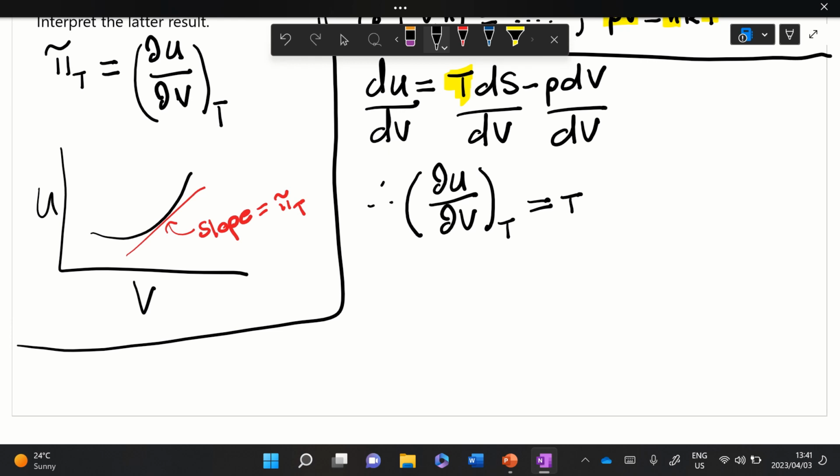Temperature is constant, so it goes outside the derivative. We're left with (∂U/∂V) at constant T equals T (∂S/∂V) at constant T, minus P, and then dV over dV is just 1, so we're not going to worry about that.